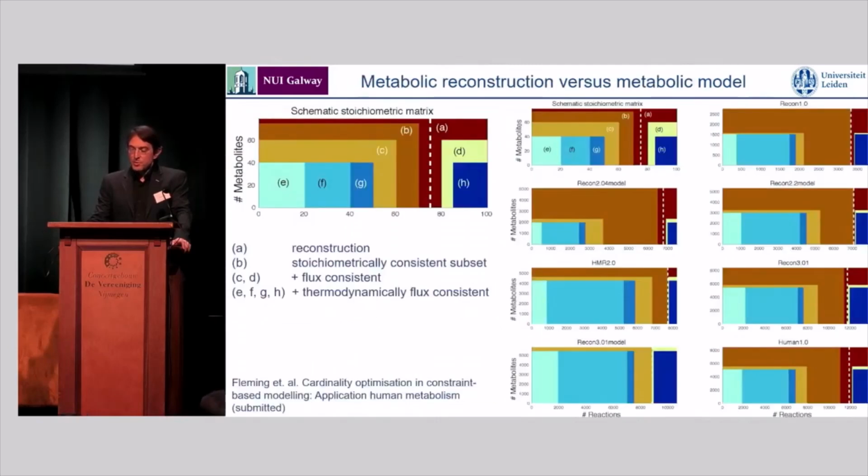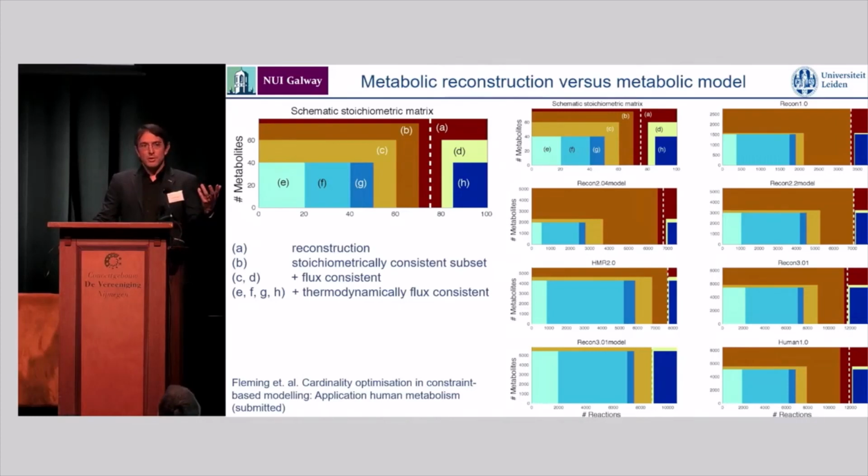So what's the difference between those two? The difference between the generic reconstruction and the generic model is that the model satisfies certain mathematical assumptions. So when you want to ensure that everything's stoichiometrically consistent, you get a subset. When you want to make sure that every reaction can carry a steady state flux, then you get another, greater or smaller subset again.